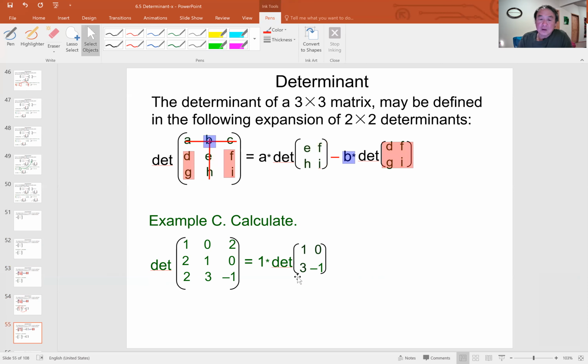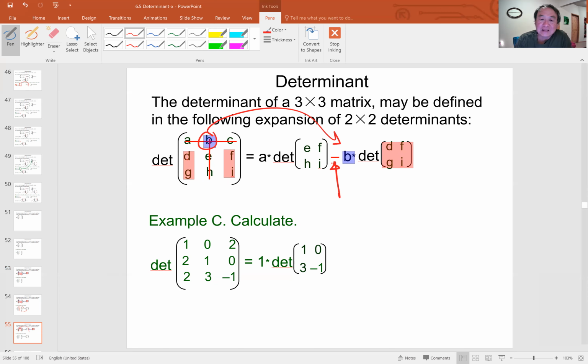Okay, the second step, then go on to the second entries. Remember, we're doing this across the first row. So we're going to the second entries and put that down. And notice now we're going to switch the sign to a subtraction. Okay, you just have to memorize these flip-flop signs.